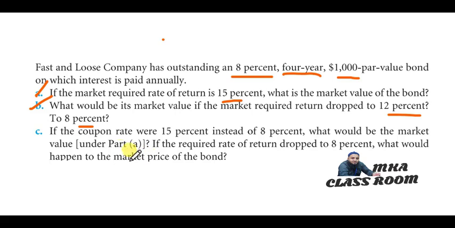Then here I said if the coupon rate were 15% instead of 8%, that is here it should be a 15% coupon rate, that means 150 taka per year. What would be the market value? If you put that in our model, you can calculate very easily.